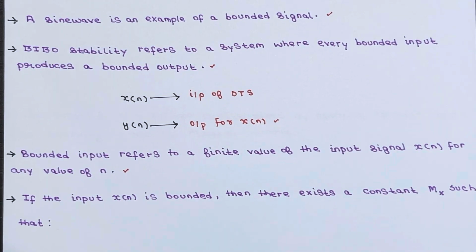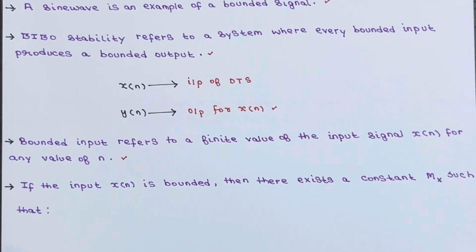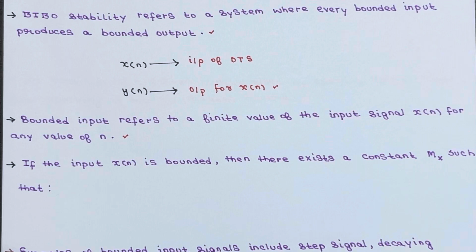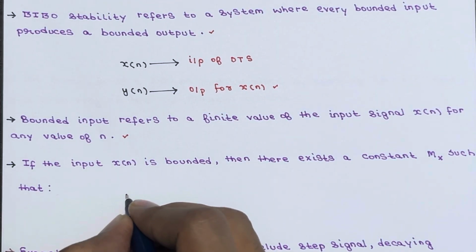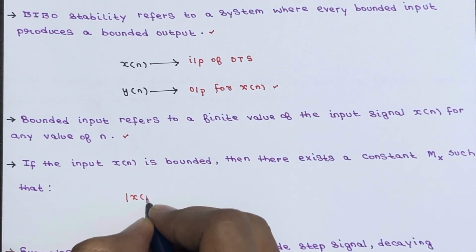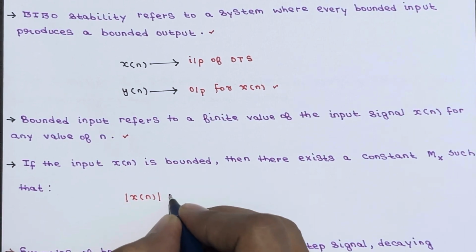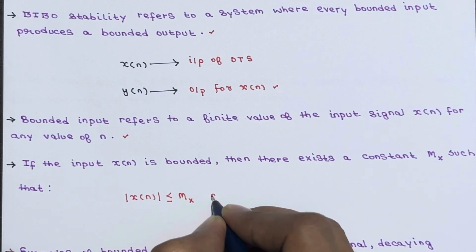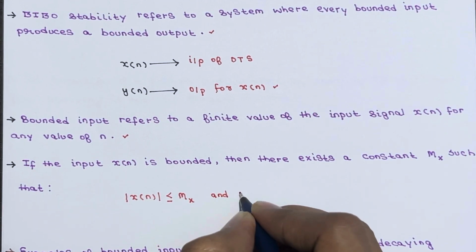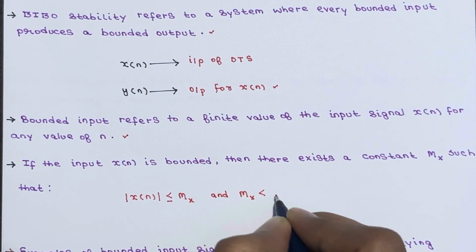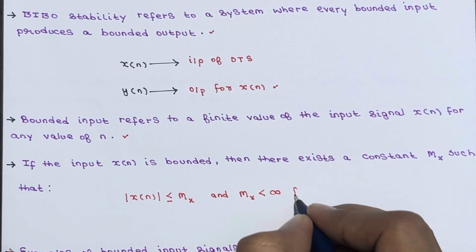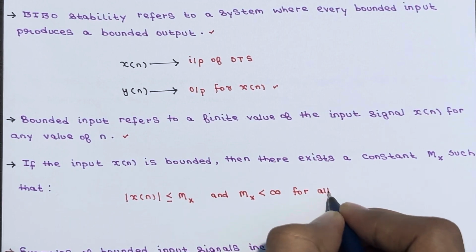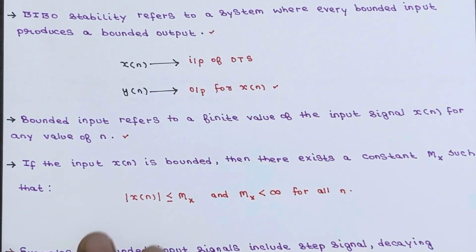So if the input x of n is bounded, then there exists a constant Mx such that mod of x of n is smaller than or equal to Mx, and this Mx should be smaller than infinity for all values of n. So you should be aware of this condition. This is the bounded input.